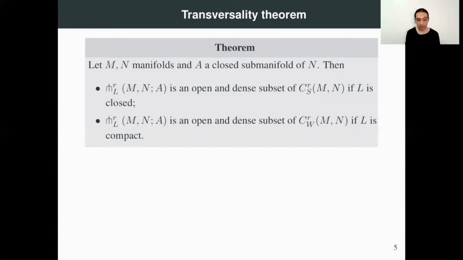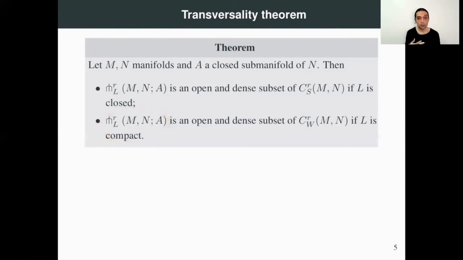And in that way, we are going to be able to write this set down as a finite intersection of open and dense subsets of the space of CR maps with the weak topology. But a finite intersection of open and dense subsets is still open and dense. So in that way, we are going to obtain the second result.